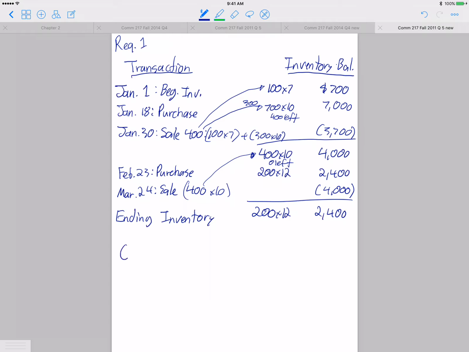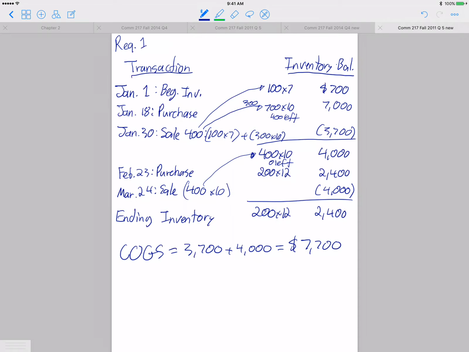Therefore, the cost of goods sold will equal $3,700 from the January 30th sale, plus the sale of March 24th, which is $4,000, which gives us a total cost of goods sold for that period of $7,700.